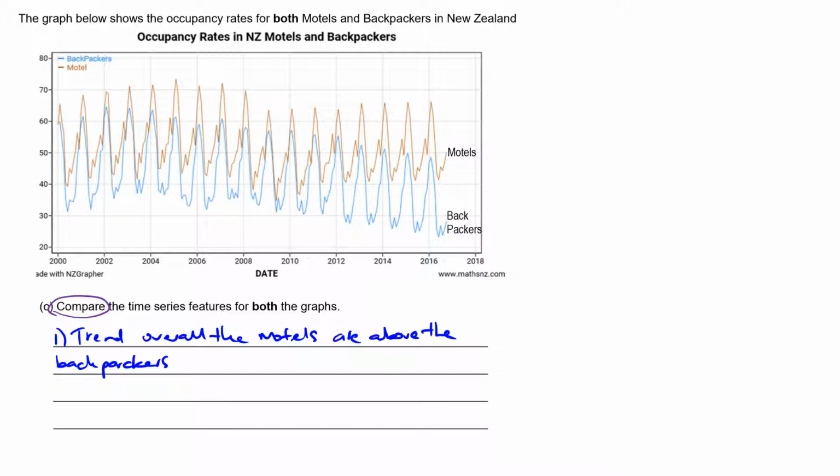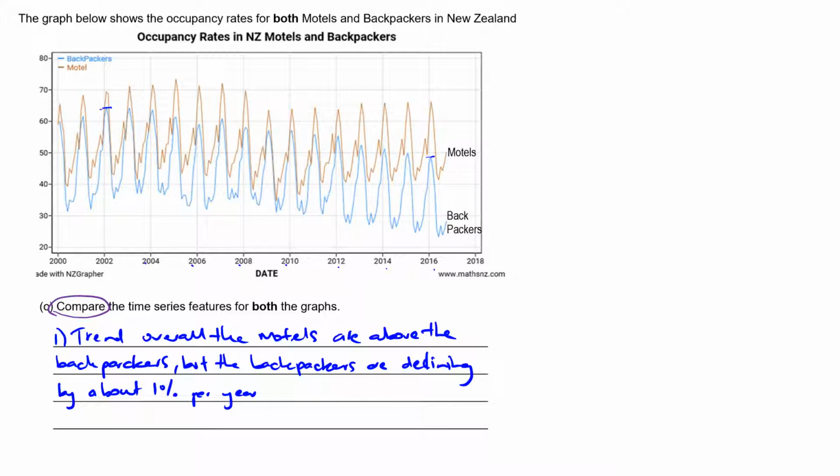Motels is very similar, like you've already mentioned, but the backpackers are declining by about, starts off about 65 and goes to about 49 over the 2, 4, 6, 8, 10, 12, 14, it's roughly 14 years, so it's about 1% per year.